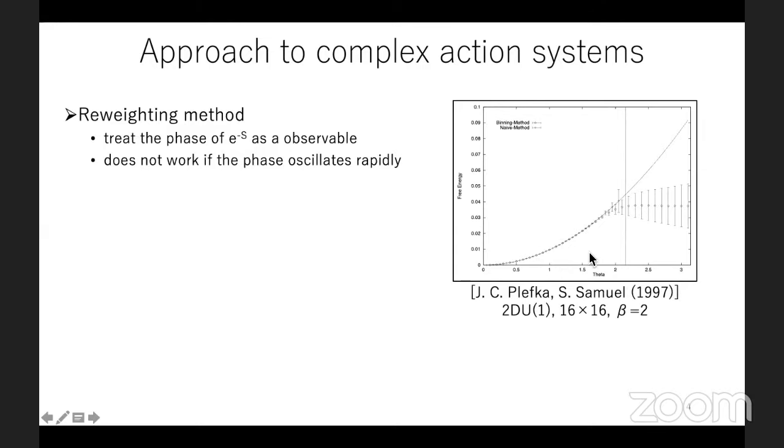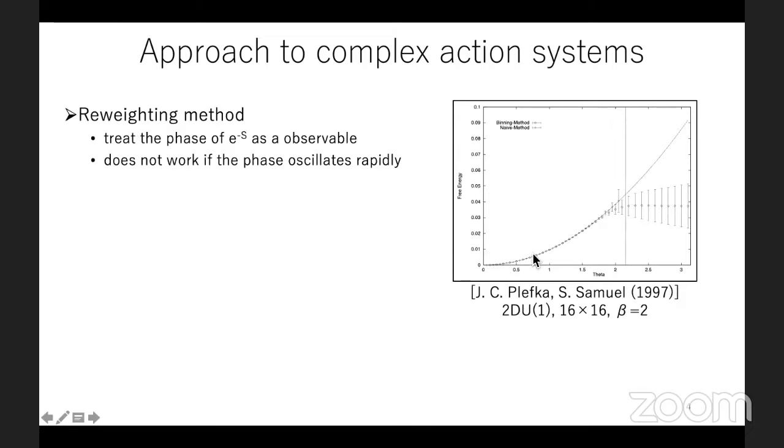This is an analysis by the reweighting method. This is a bit old work. This work focuses on 2D U(1) gauge theory with a theta term. This is the same model as in our work. This graph shows the theta dependence of the free energy, and the solid line is the analytical solution.